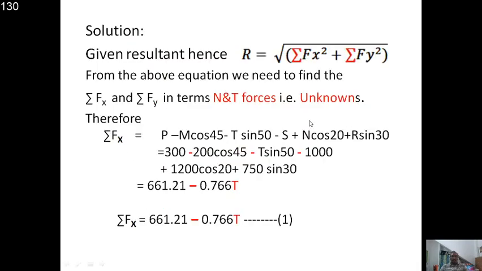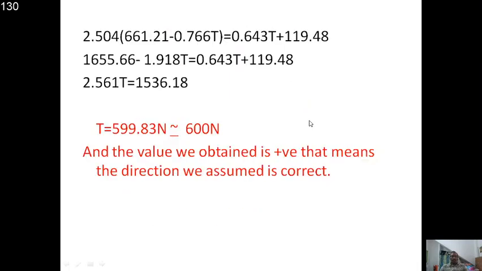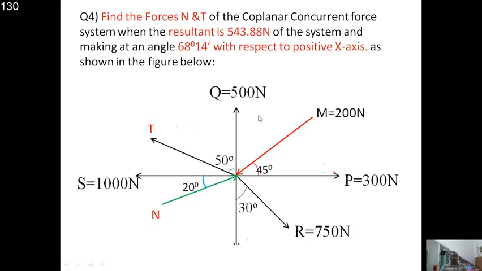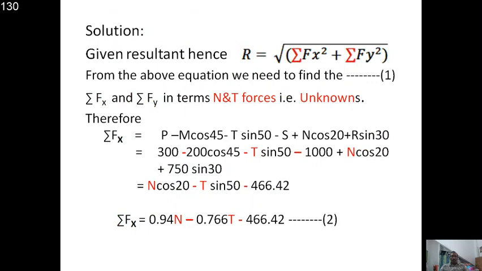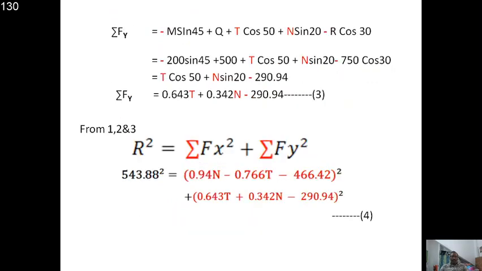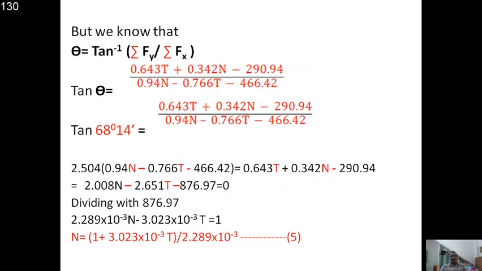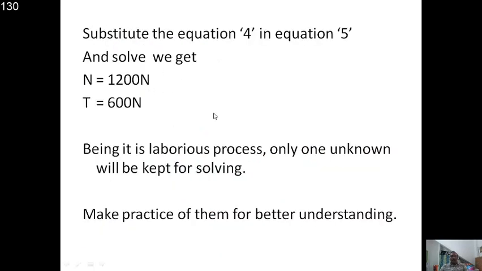So you understood that procedure, right? In the next problem, we had two unknowns and the resultant, with all remaining forces given, so it is better to apply all the equations step by step. It is a time-taking process to solve two unknowns. So practice on that one, right?